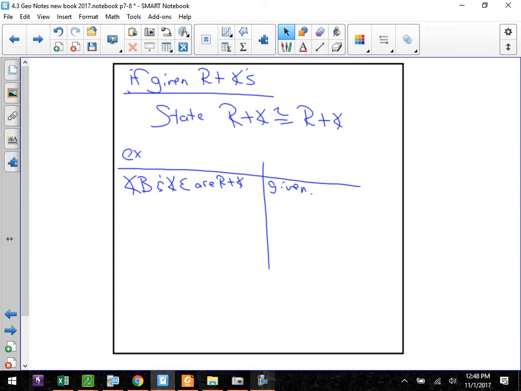So if I'm following the idea of given right angles, the next thing to do would be to say that the right angle is congruent to the right angle. Well, what are the two right angles that I just gave you? Angle B and angle E. No. What do you know about all right angles? That's the reason.